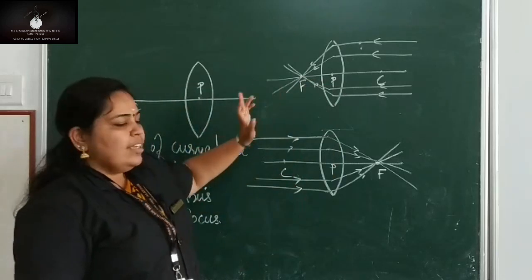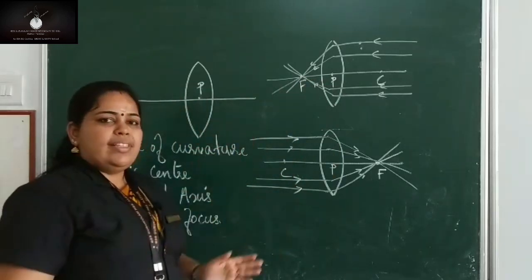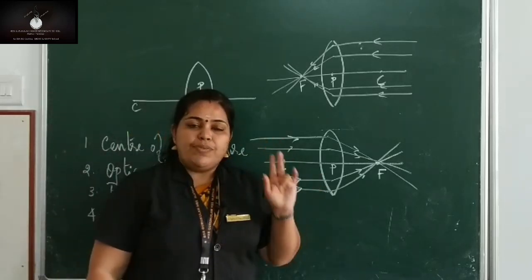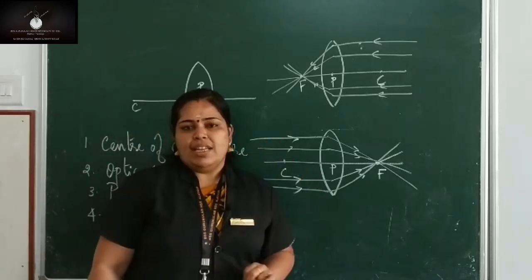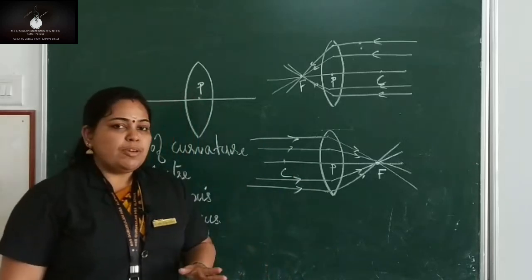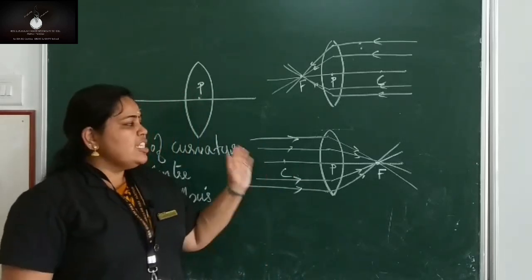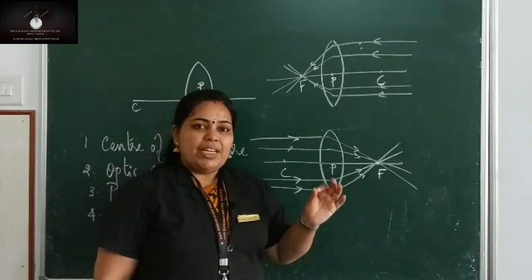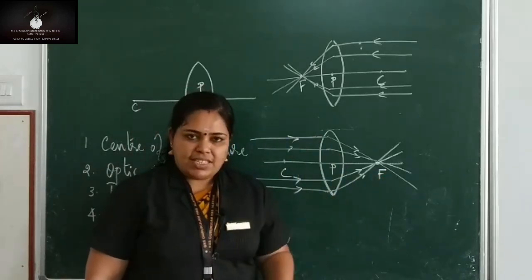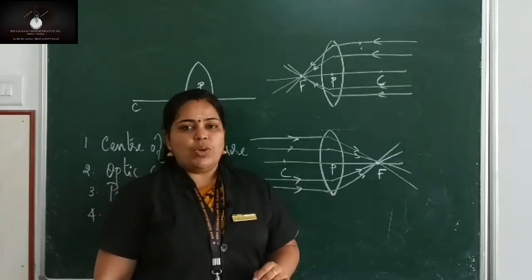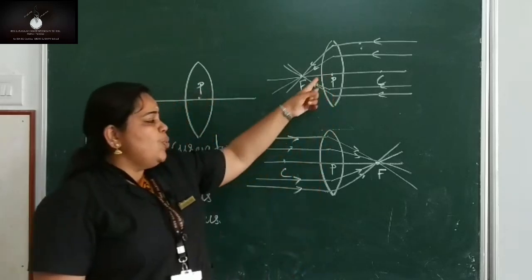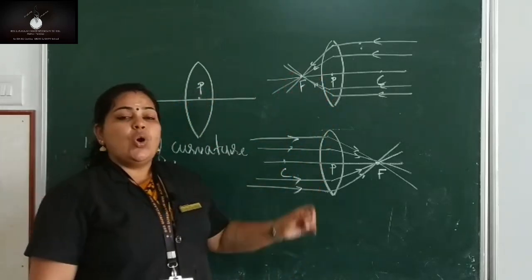See here, light enters the lens through either side, and we can say there are two principal foci for a convex lens. So what is principal focus? The light ray that is passing through the lens, after refraction, meets at a particular point on the principal axis. That particular point is known as the principal focus. And there are two principal foci for a convex lens.